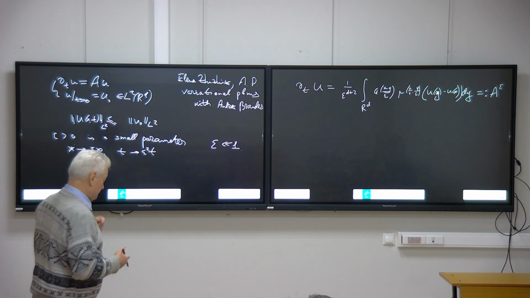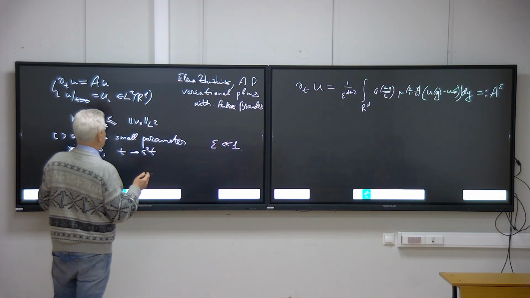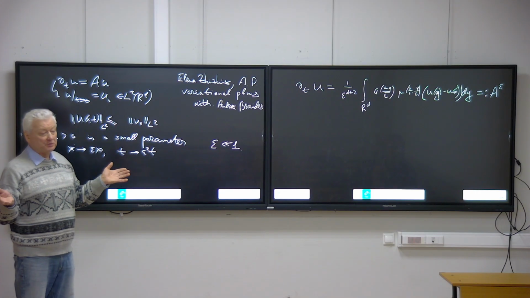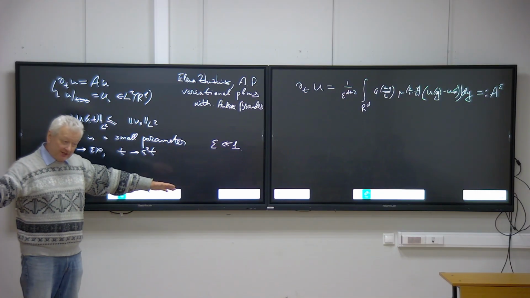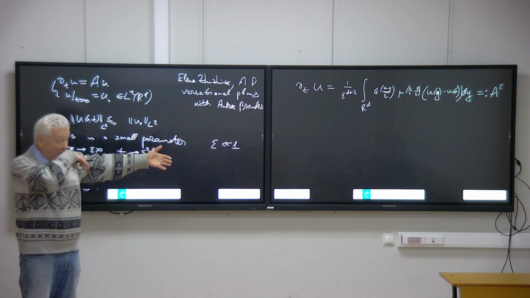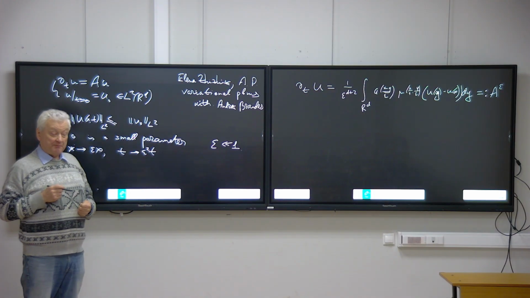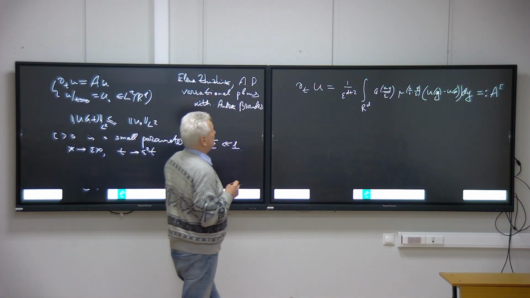Because if we also scale U0, we will obtain 0 in the limit. So it's tricky. We keep the initial shape of U0 unchanged, while the parameter in the operator tends to 0.